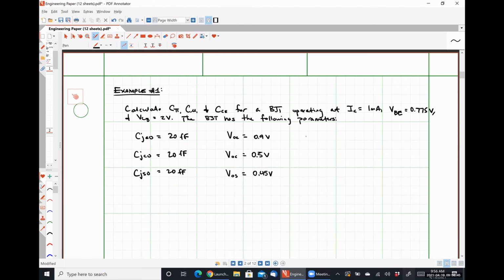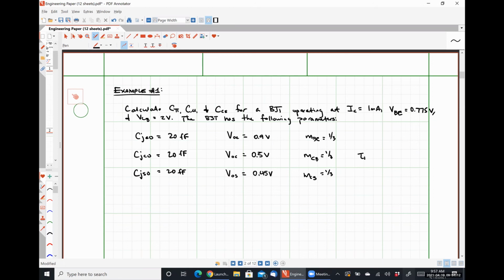And then our grading coefficients, MBE, MCB, and MCS are all equal to 1/3.